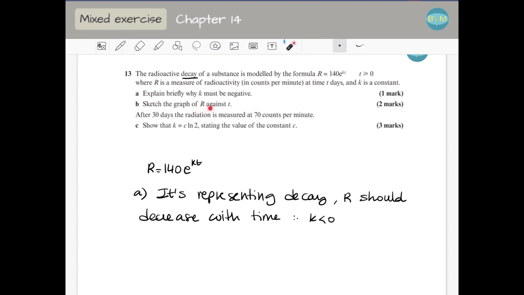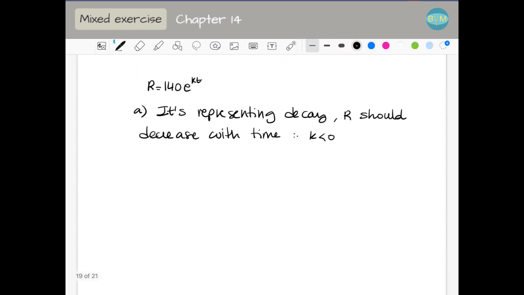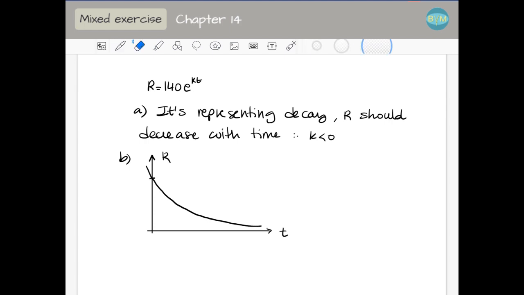B, sketch the graph of R against t. So we say it's going to be decreasing. This is R, this is t, and it's going to do something like this. We shouldn't represent anything before 0 because t cannot be negative, yeah?